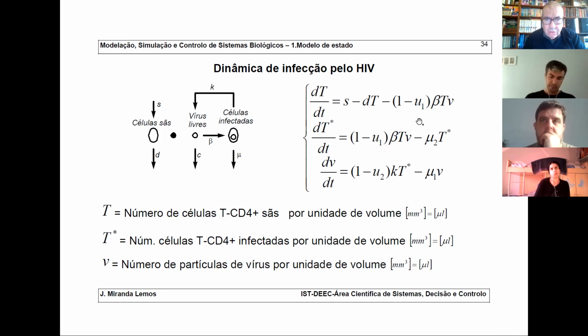So if you have no drug at all, no effect, then this term, this beta T V, is free to reduce the number of healthy cells, turning them into infected cells. So what disappears, the minus here, is exactly the same term, but with a plus here to increase the number of infected cells.